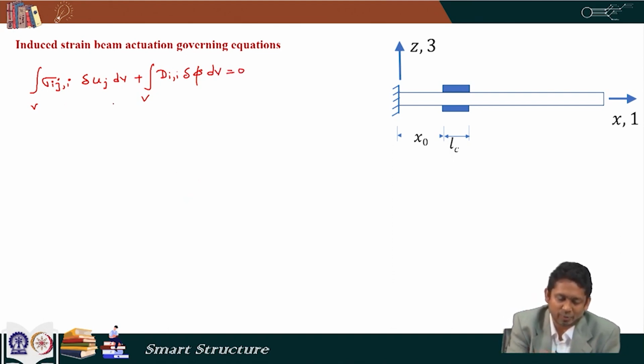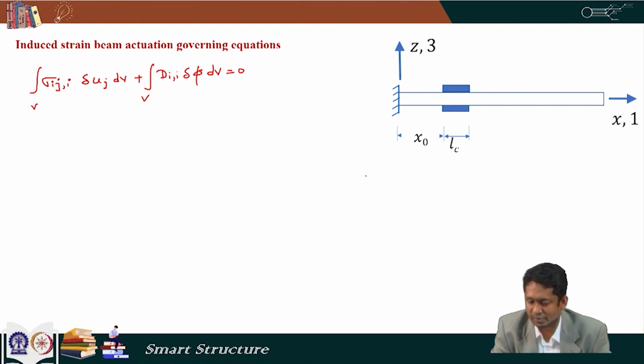Now, from where did this equation come? Sigma ij comma i is just the conservation of linear momentum. So, sigma ij comma i equal to 0 is just the conservation of linear momentum.